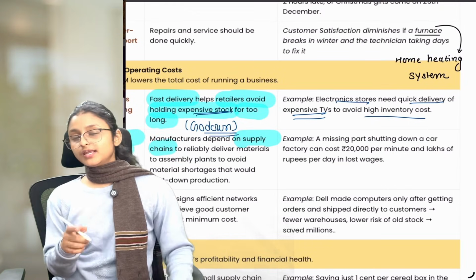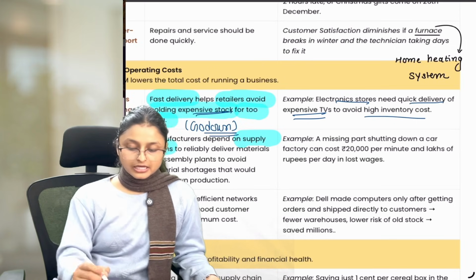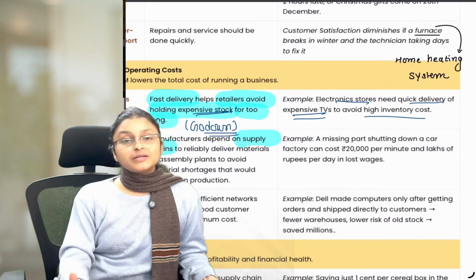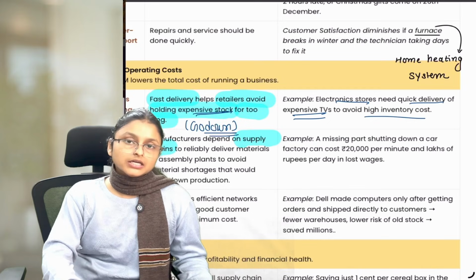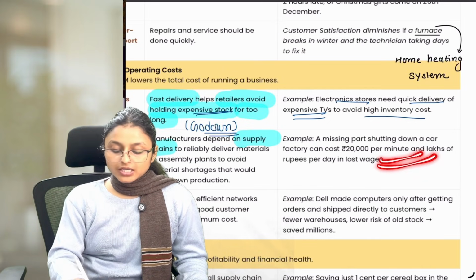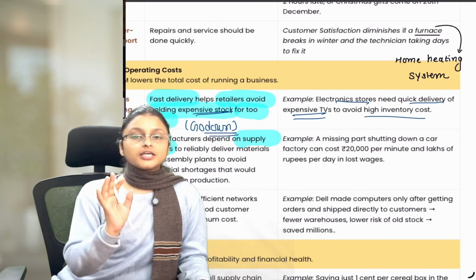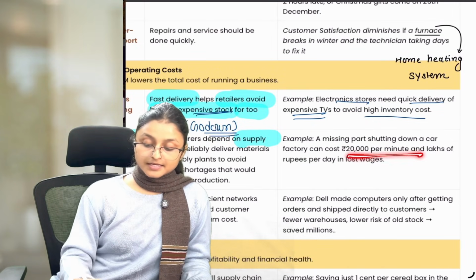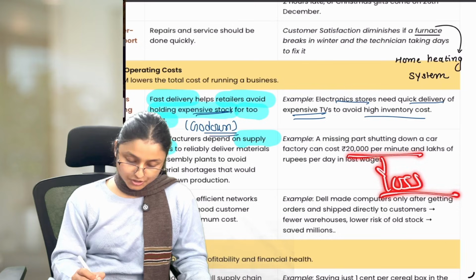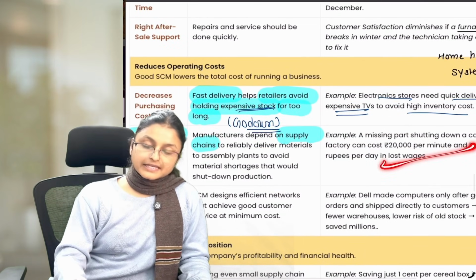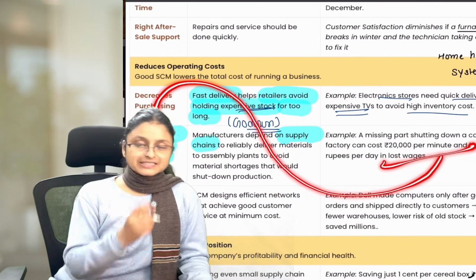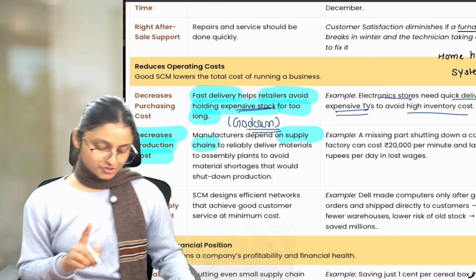Production can happen only when the material is available. If material is not available, you will not be able to utilize your factory, right? And hence you will be incurring only cost, not earning anything through it. And hence it becomes a loss of our organization. So we are saving this loss. Hence we are saying that we can reduce our production cost.